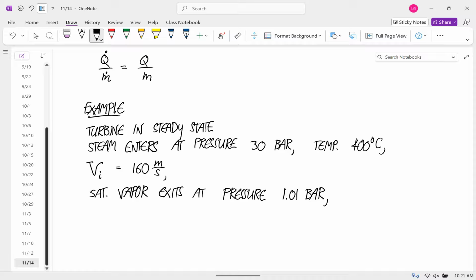Well, we're given the temperature. We really don't have to be. Since this is a saturated vapor, we know that we can look up any properties we want. So the temperature, anyways, is 100 degrees Celsius and a velocity of 100 meters per second.